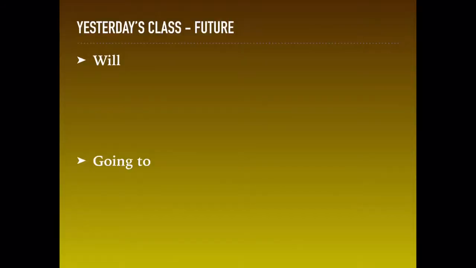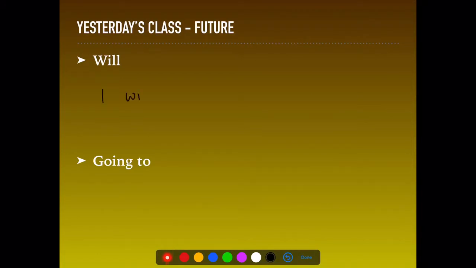Just to recap before we do, yesterday's class we talked about future, and we had two different types of future. We had will, for example, I will sleep after class.